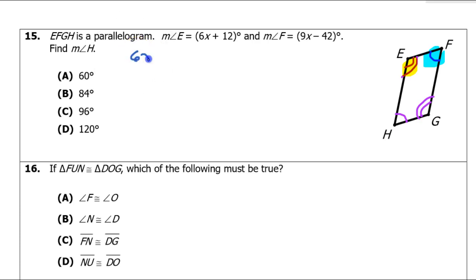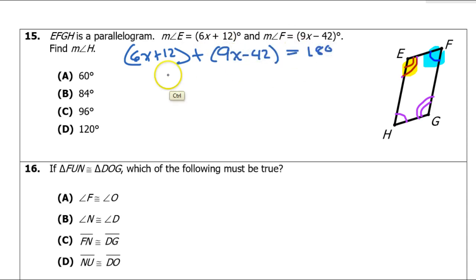Okay, so 6x plus 12 plus 9x minus 42 should equal 180. All right, combining like terms, this is going to make 15x minus 30 is equal to 180.